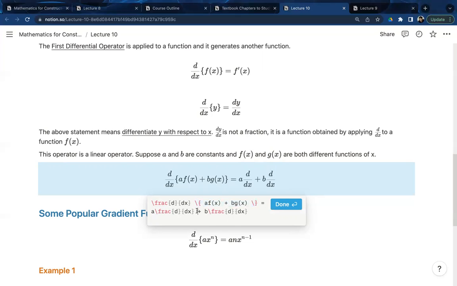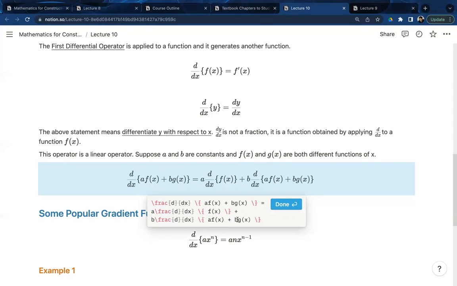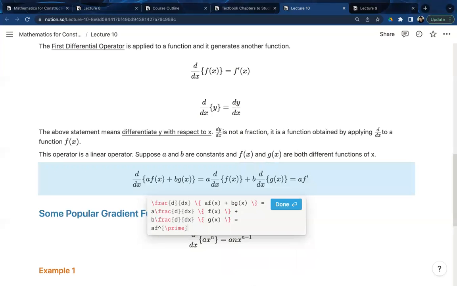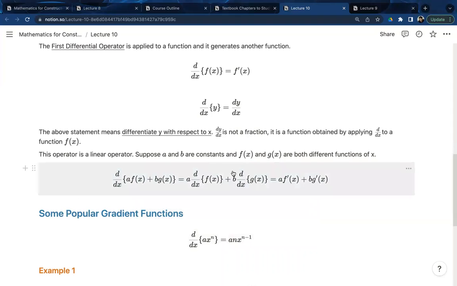And inside of here now, you'll just have the f of x and here you will have the g of x, which is a f prime of x. Okay, this is what a linear operator means.